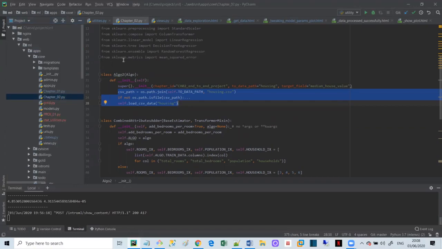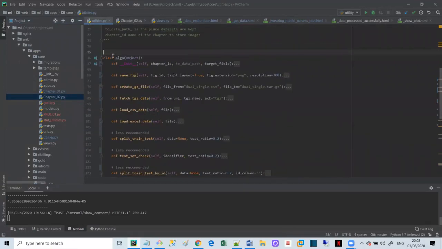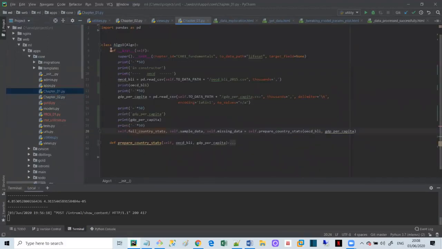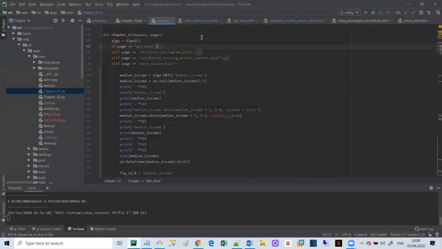Here we inherit from the basic object, and here we prepare the data, as we did with chapter 1. Let me just open chapter 1 again. We did the same things in chapter 1. That's the only job this one has to do: prepare the data.